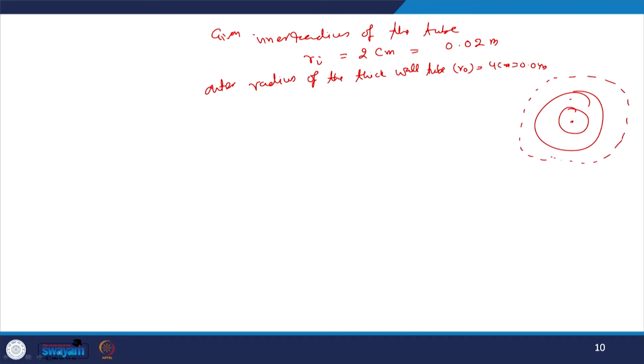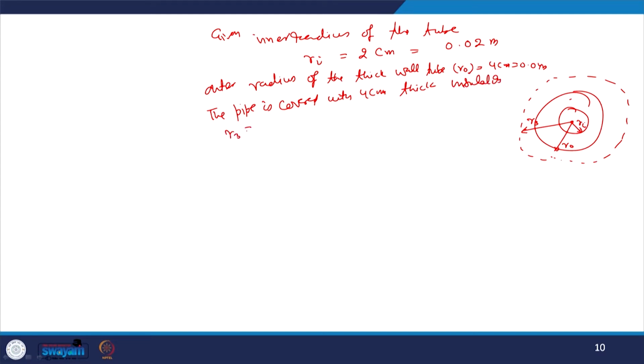This is R naught and this one is Ri. Now the pipe is covered with 4 centimeter thick insulation.